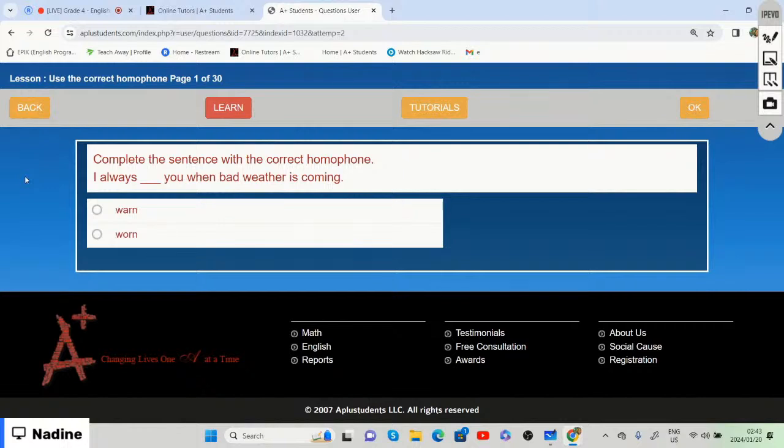It's like when you're warning someone. One of these means that you're warning someone that something is coming, and the other one means it's almost like you're dressing, something that you're wearing.